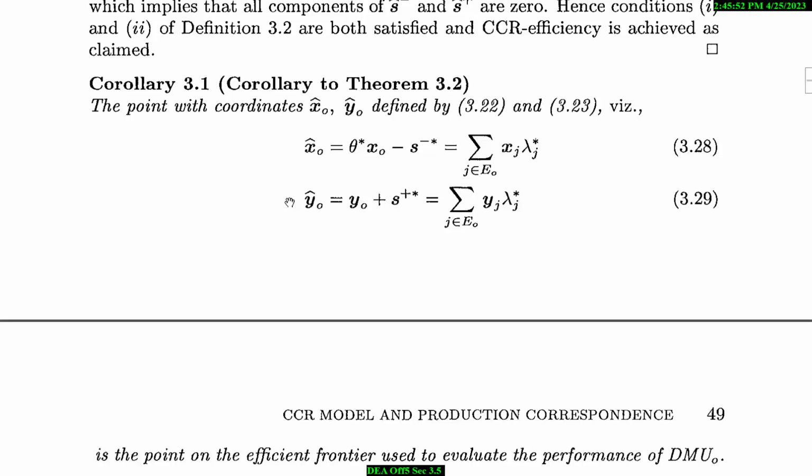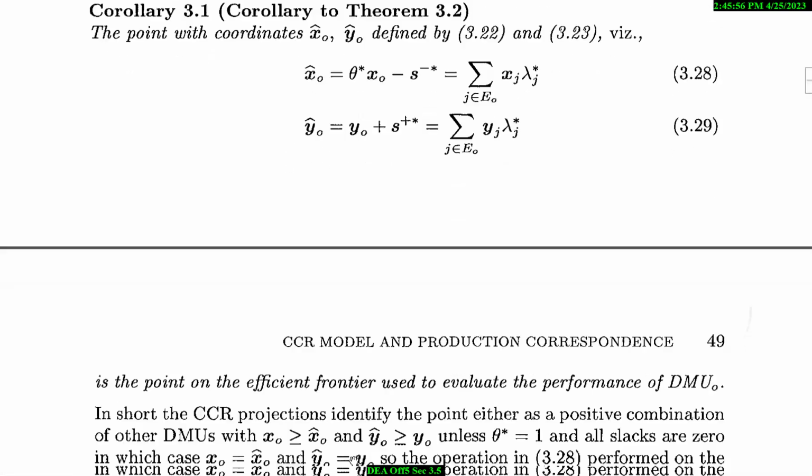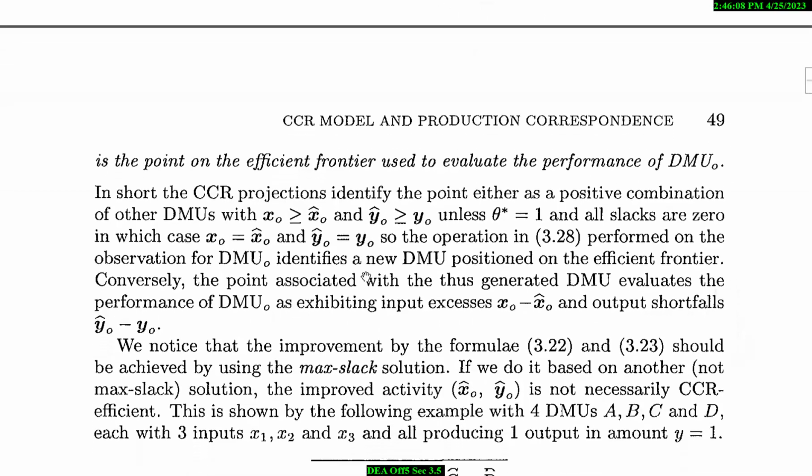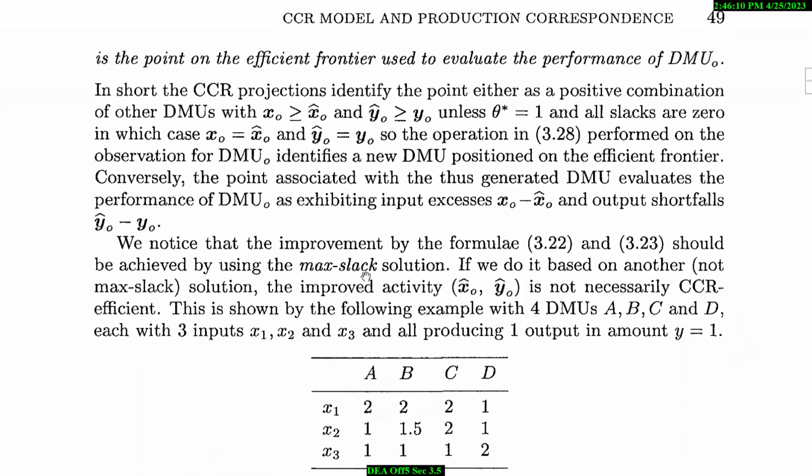When we say this is efficient, it means that this point is the point on the efficient frontier used to evaluate the performance of DMUO. Note that this is a corollary that is obtained from the previous theorem.